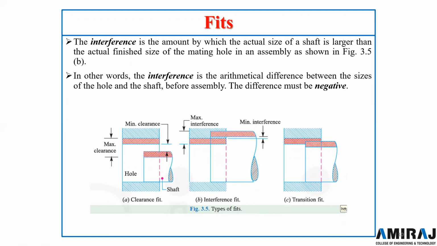First, let us define the term interference. What do you mean by interference? Here it is defined as the amount by which the actual size of the shaft is larger than the actual finished size of the matching hole in an assembly.